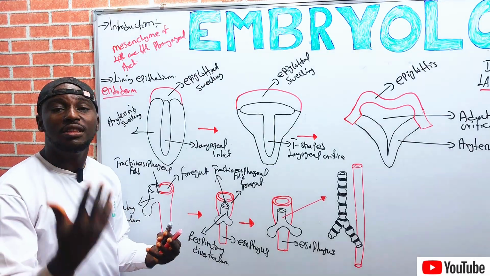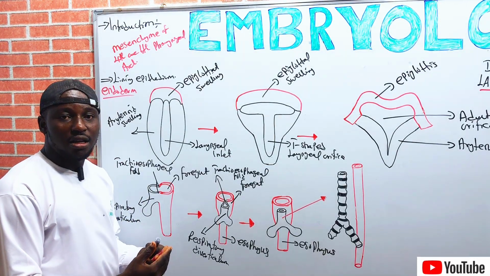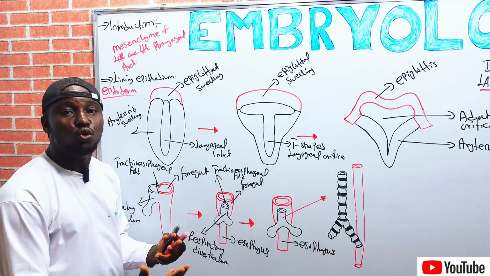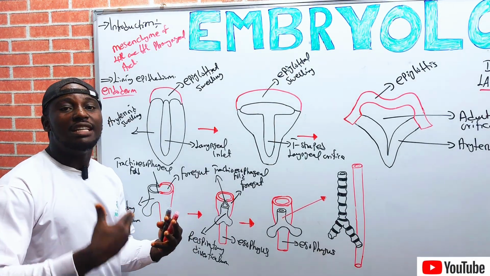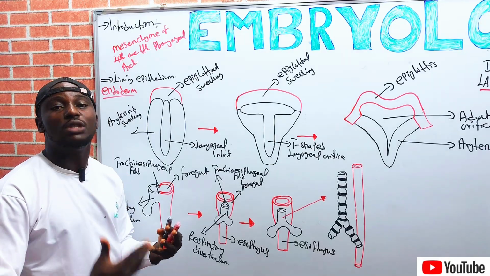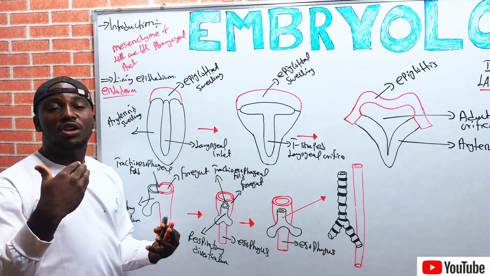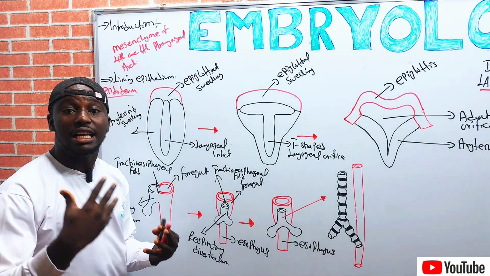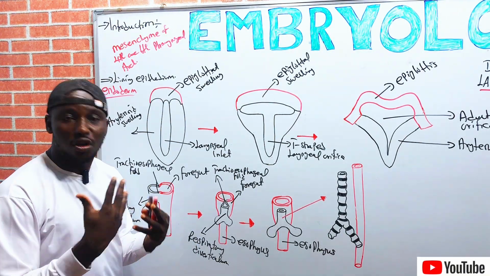As they obliterate the lumen of the larynx, they begin to do what? To undergo breakdown, so that the recanalization of the larynx will take place, because the recanalization of the larynx is essential for the development of the full larynx.